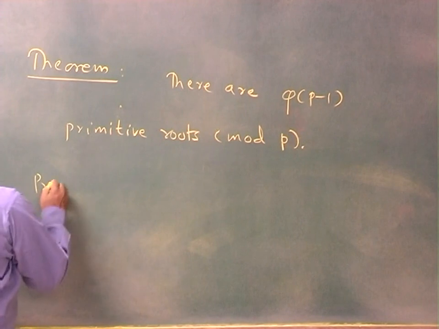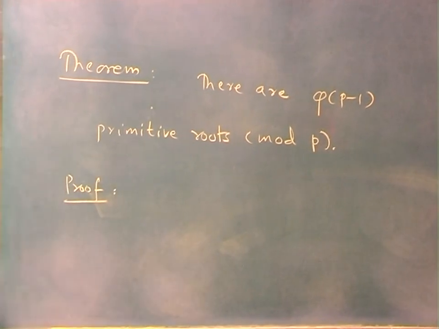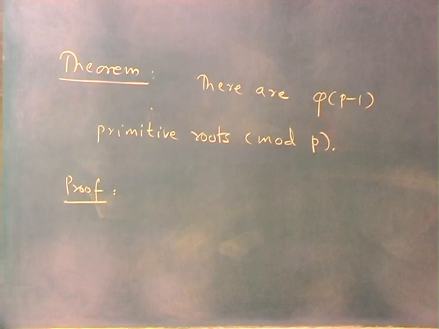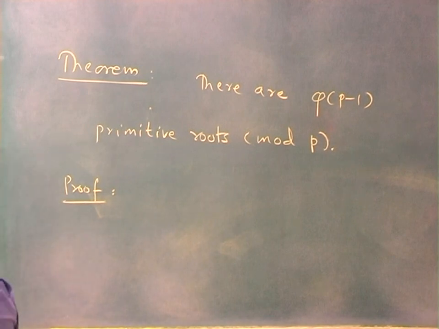Proof. So basically this is for p greater than or equal to 3; for p equal to 2, this is obvious. p equal to 2 means phi of 1, that is 1. That many primitive roots mod 2 are there. 1 is the only primitive root mod 2.